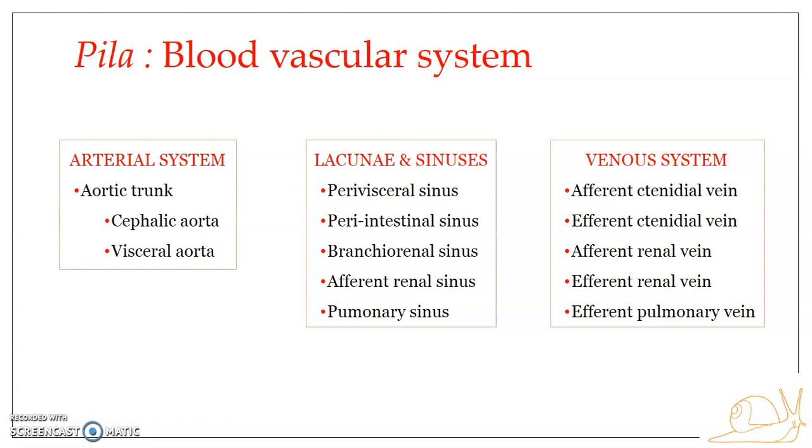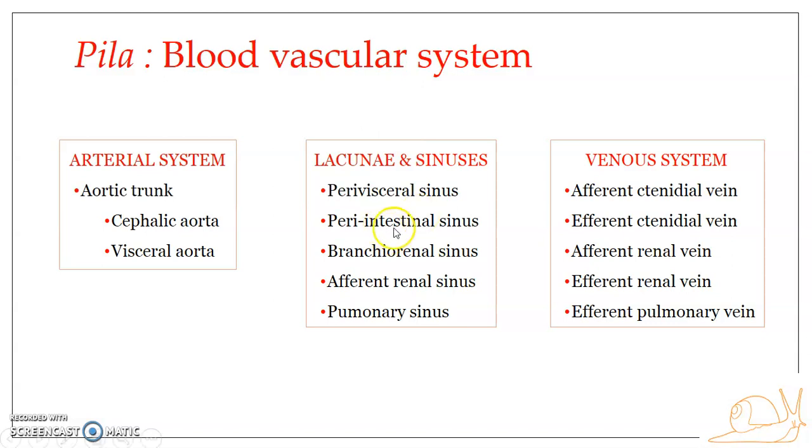We'll look in detail in the next slide at how the blood flows there. The cephalic aorta supplies the head and foot regions, and so the perivisceral sinus collects blood from those regions which get blood from the cephalic aorta.